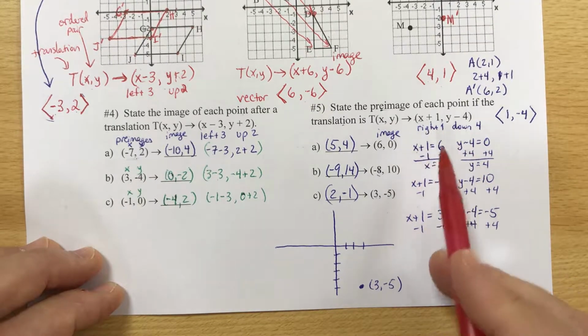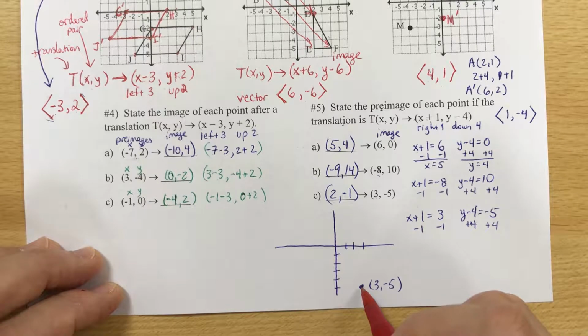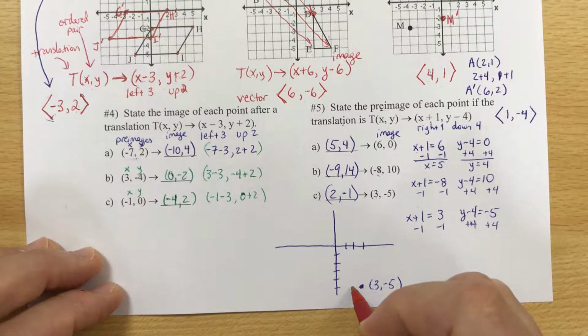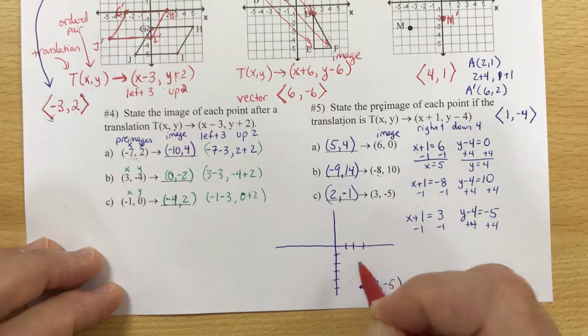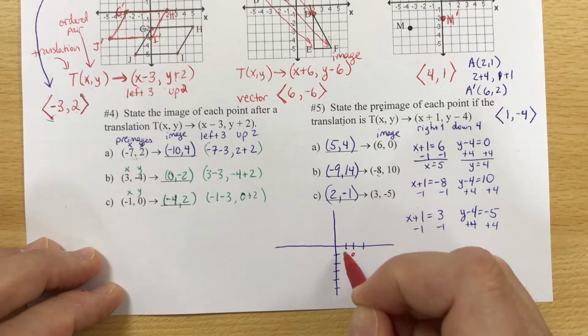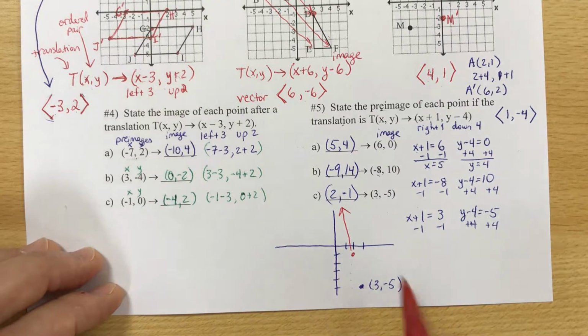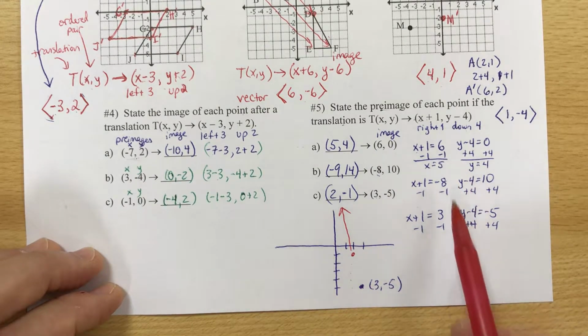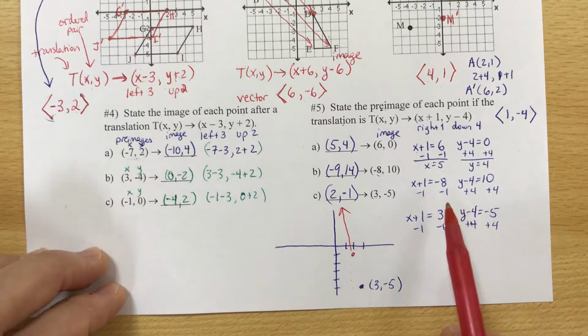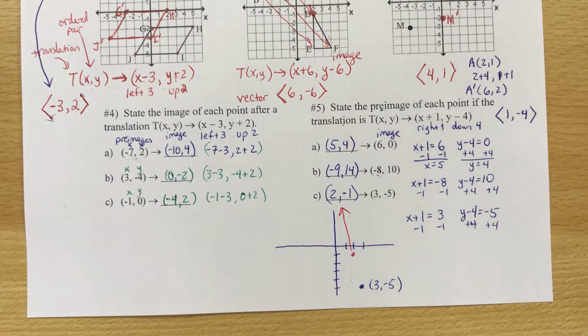You could try to work backwards. So instead of going right and down, let's go left 1 and up 4. And look where it puts you. 2, negative 1. Okay, I just think that's more work to do that. I'd prefer to solve it algebraically. And that is the end of part 1 of the notes. That's the end of the translations.